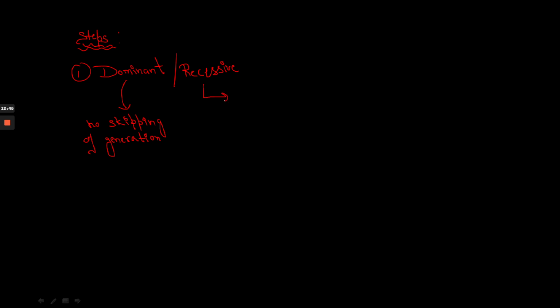Okay, and if you notice that one of the generations is skipped, like the first has an affected individual, then the second doesn't have any affected individual, and again the third has an affected individual, so if one of the generations is skipped, then the trait will be recessive. So there will be skipping of generation.